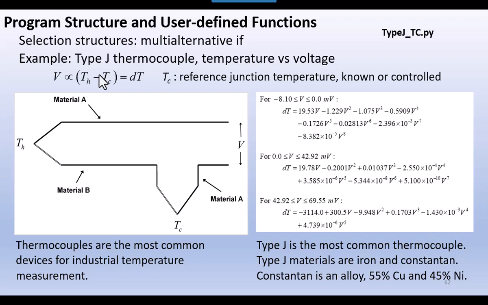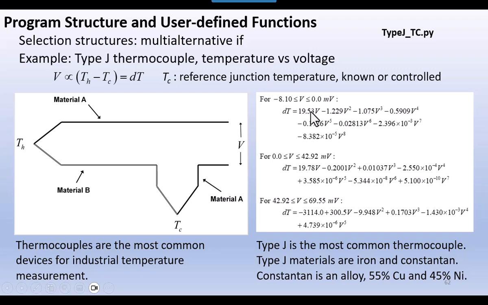So the National Institute of Standards and Technology, NIST, has developed a way of doing this where there are three different polynomials, and they're fairly high order, 8, 7, and 5, that describe the DT value, all right, given the voltage for different ranges of the voltage measured.